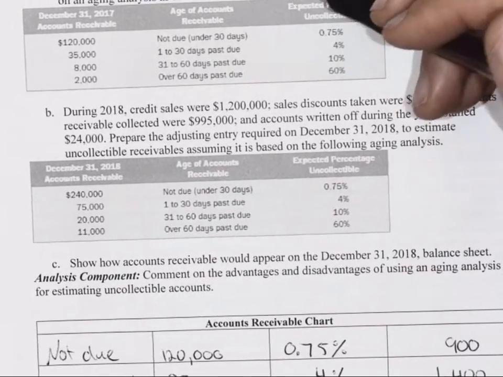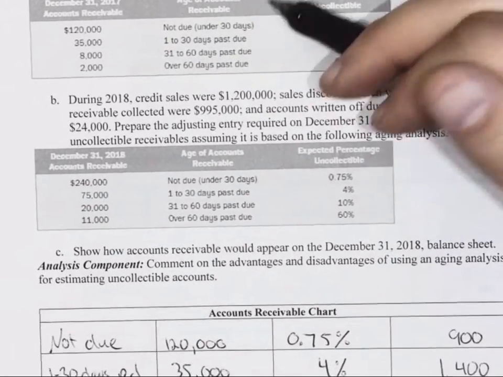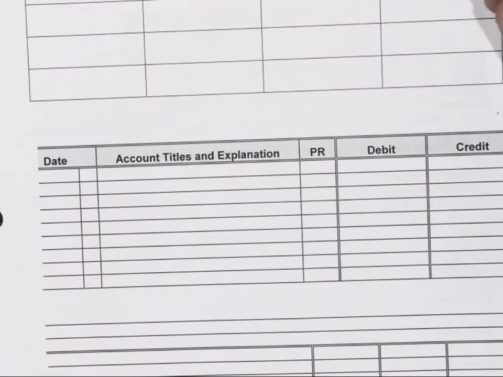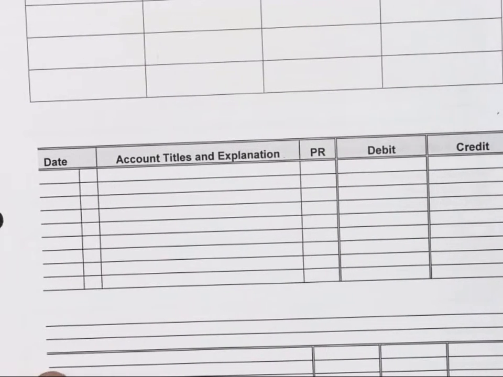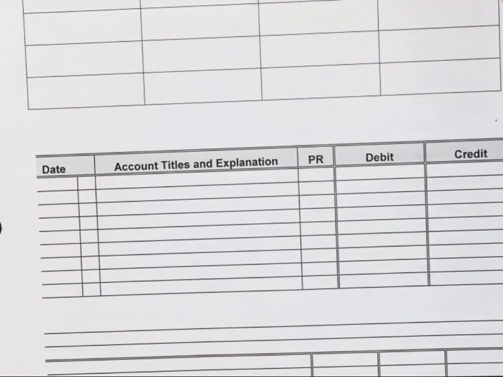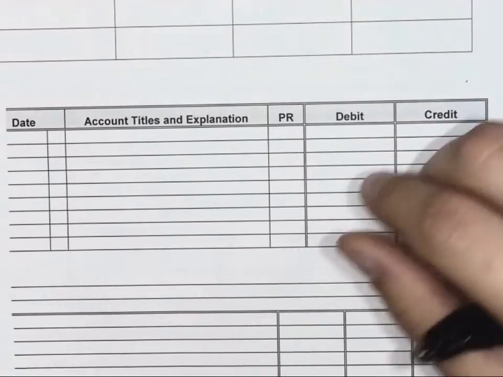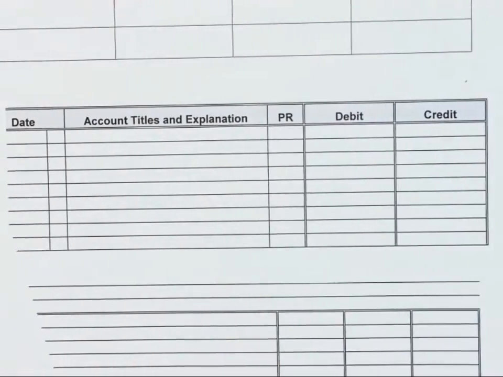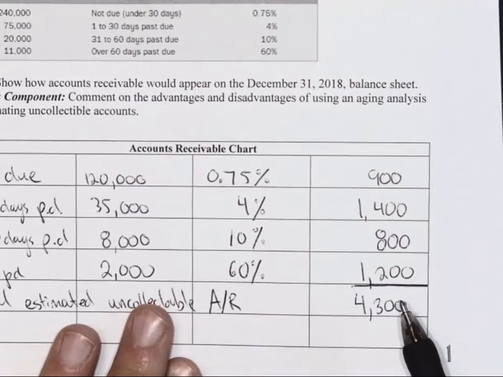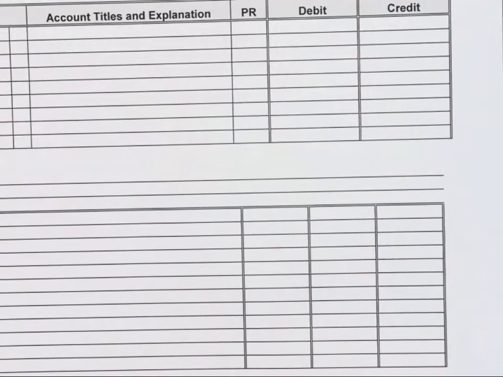So we want to prepare the adjusting entry, assuming that Winfrey estimates uncollectible accounts based on the aging analysis here. So we need to prepare this bad debt. So is this going to be our bad debt expense? Actually, that question might be a little too hard right now. So don't worry, I'll show you.